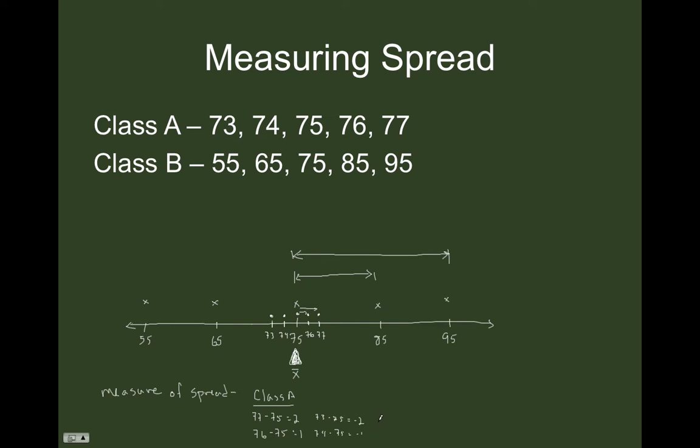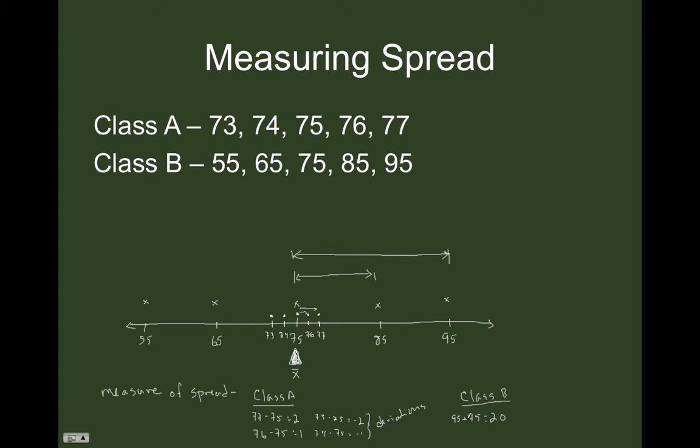Now, these quantities we could think of as deviations. And again, I could do the same kind of thing for Class B. If I did the same thing for Class B, I'd have 95 minus 75, which is 20.